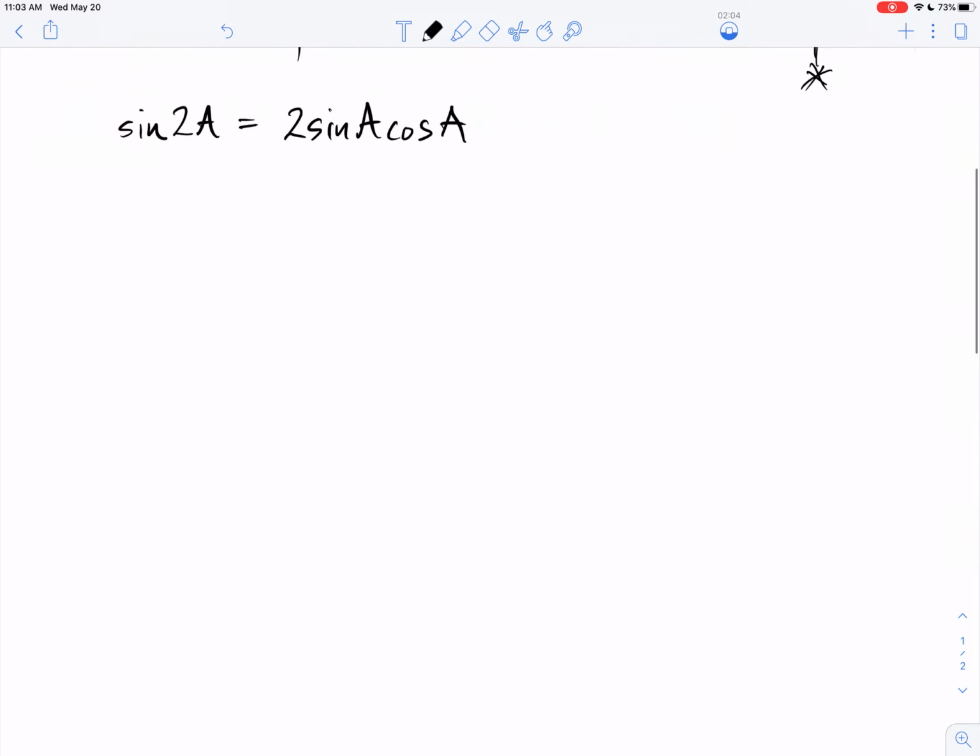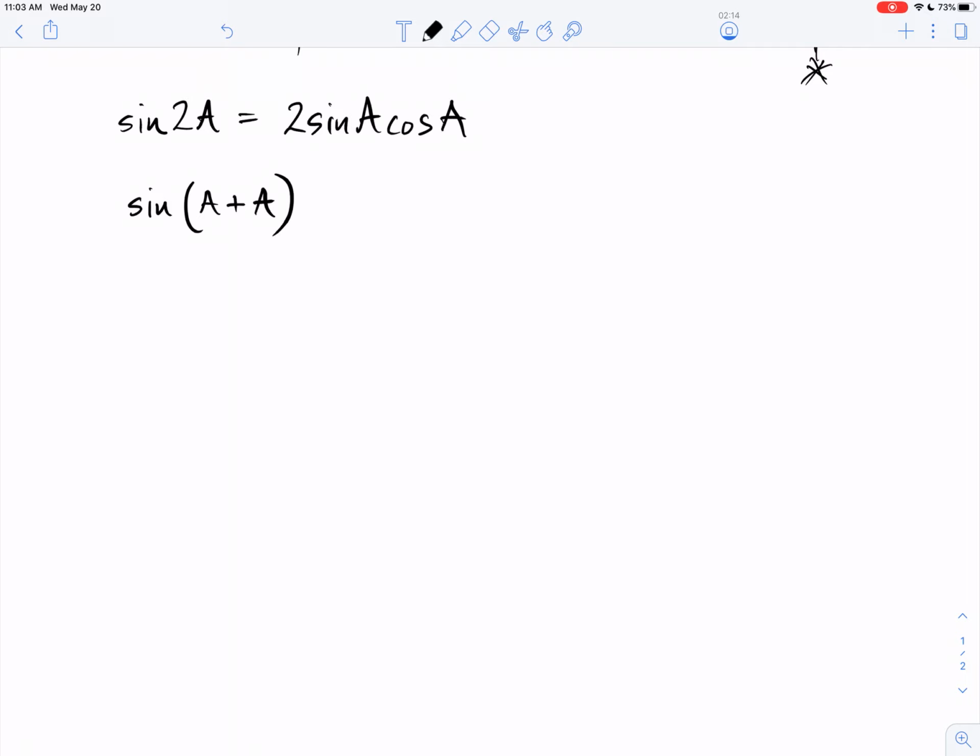Sine 2A is called a double angle formula. What it means is you're taking the sine of A plus another A. Usually we have A plus B. Now, we're going to say, what if they were the exact same angle? And you might say to yourself, why would I want to do this? Well, that's going to come up in the other lessons. But what does it mean?